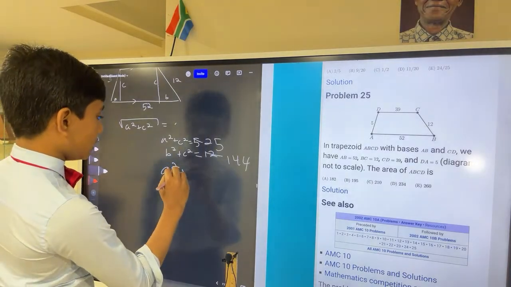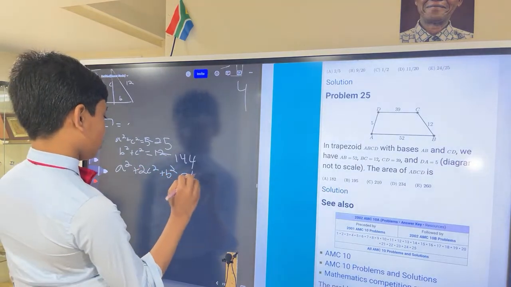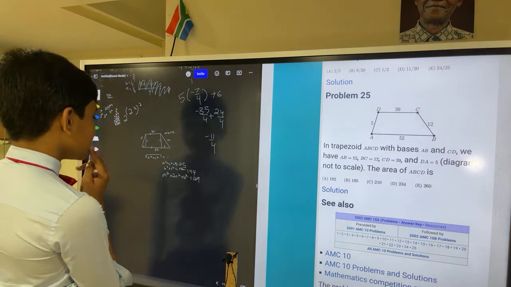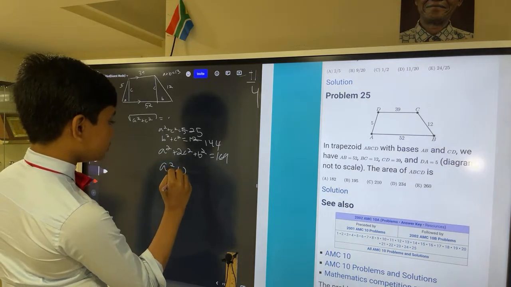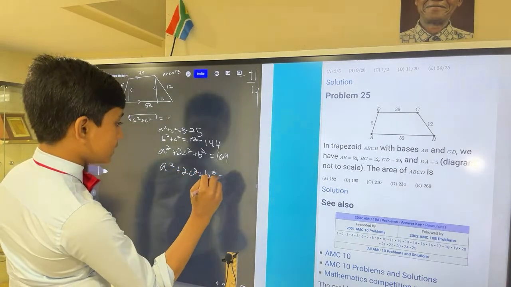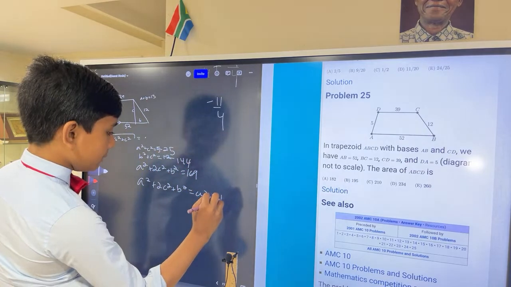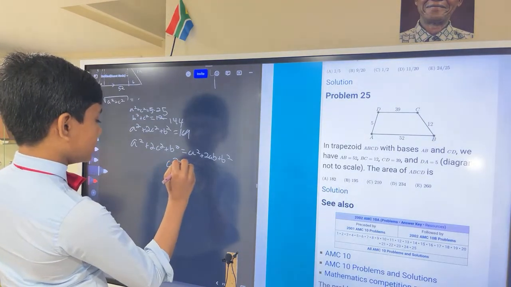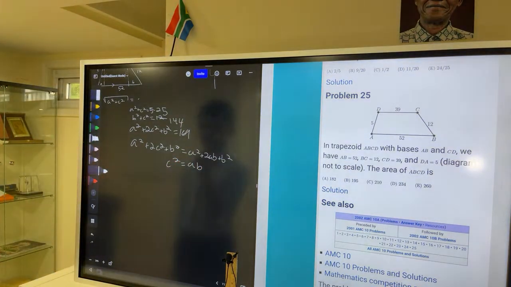So A squared plus 2C squared plus B squared is equal to 169. Oh, I just realized. That means A squared plus 2C squared plus B squared is equal to, since A plus B is 13, A squared plus 2AB plus B squared. So C squared is literally AB. That's some good news, I guess.